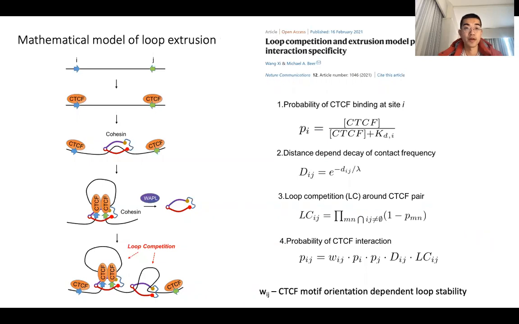What we did here is to transform it into a mathematical model by modeling, first, the probability of CTCF binding; second, the contact frequency decay with distance due to random cohesin falling off when it is translocating along the chromosome; third, the competition between a new CTCF loop and an existing preformed CTCF loop; and the fourth one is the CTCF motif orientation dependent loop stability. By taking the product of all four terms, we obtain the final probability of CTCF interaction.